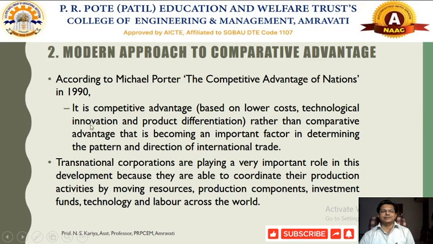Technological innovations. Similarly, product differentiation: different forms and substitutes of the products that one can manufacture, rather than comparative advantage, is becoming an important factor in determining the pattern and direction of international trade. So how can the individual firm, company or country make themselves self-reliant depending on competitive advantage?